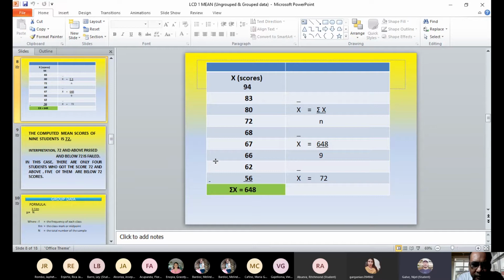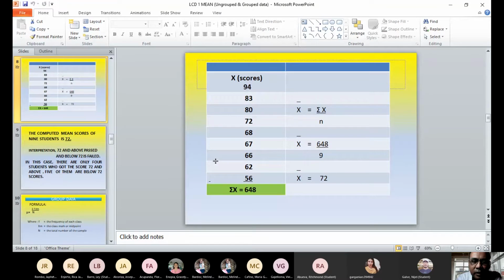Next, you should know how to interpret the result. Since the mean of these scores is 72, the interpretation is that the mean serves as the dividing line between failing grades and passing grades.